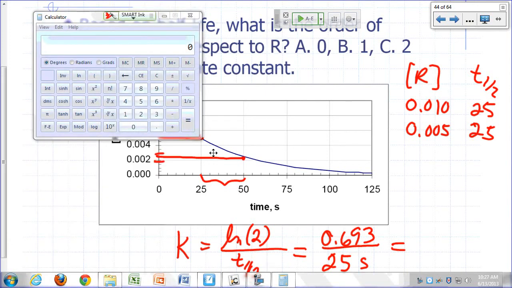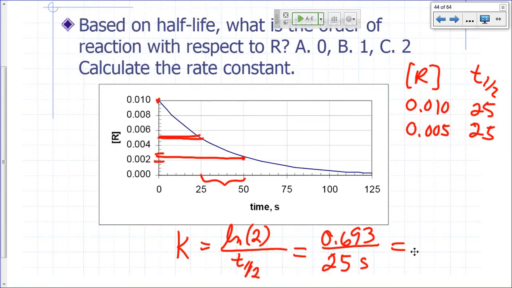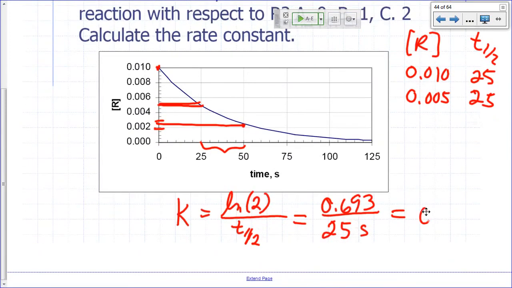By the way, if you want to know what ln of 2 is, take ln of 2, that is 0.693. So ln of 2 is 0.693 divided by 25 seconds. That's 0.0277, 0.028, okay? And what's my unit for my first order rate constant? Per unit time, so per second.